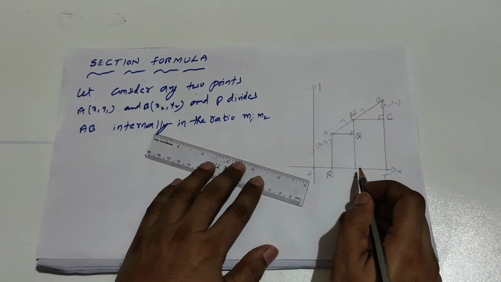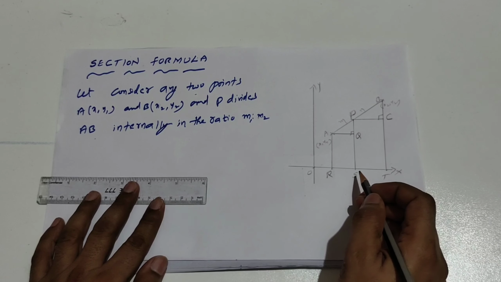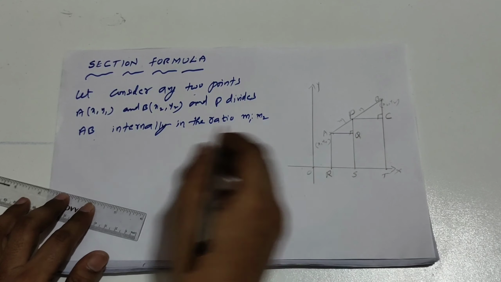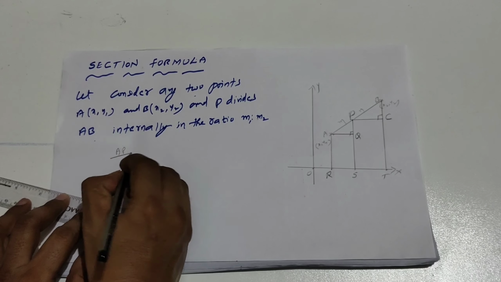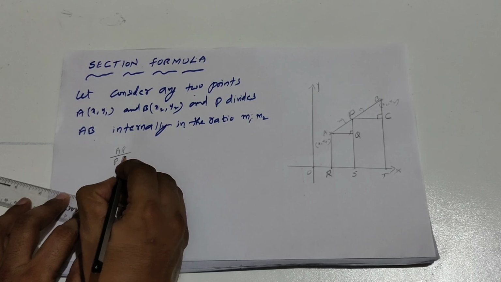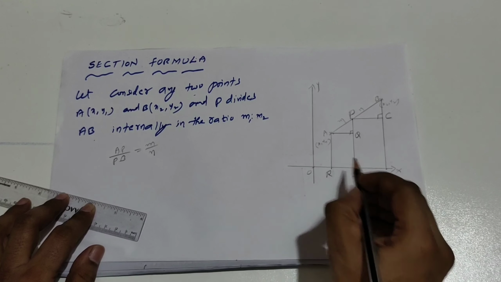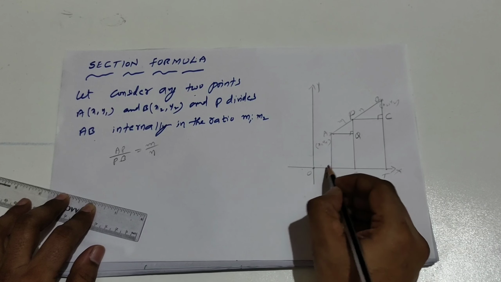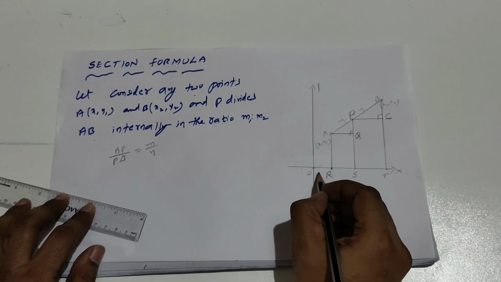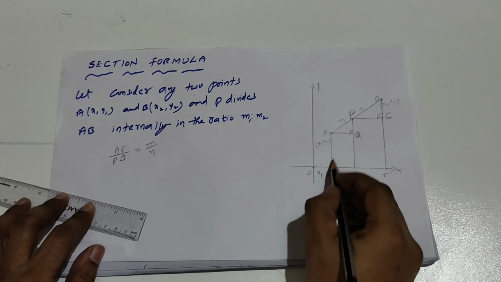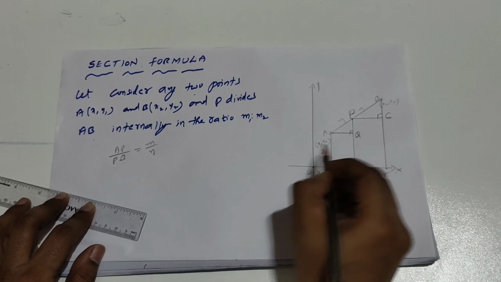After that we have to write the measurements. Already we have AP by PB is equal to m by n. Here OR is x1 and AR is y1.